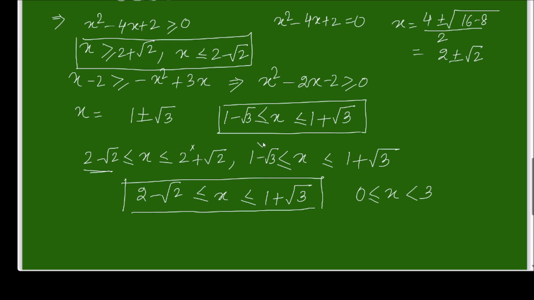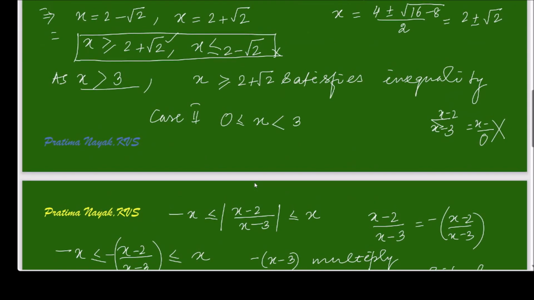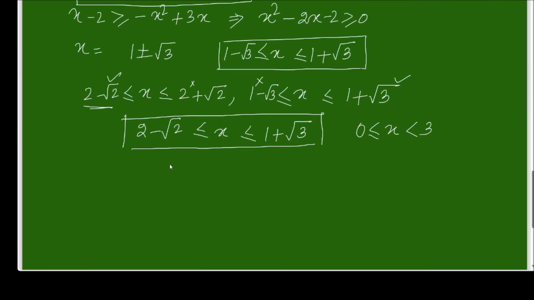Similarly, this will not be the solution. The solution will be this and this. So what is the combined answer now? Previously it was 2 plus root 2 from the first case. This was the only solution from the first, and now this is the solution.